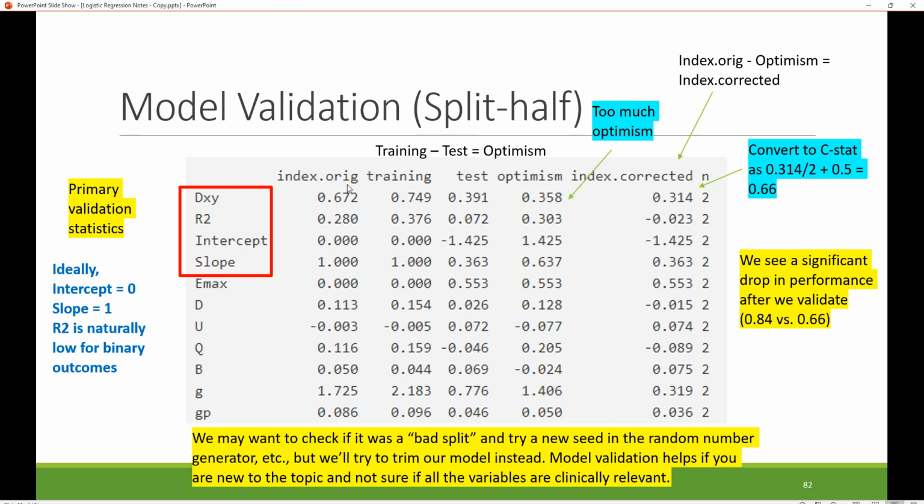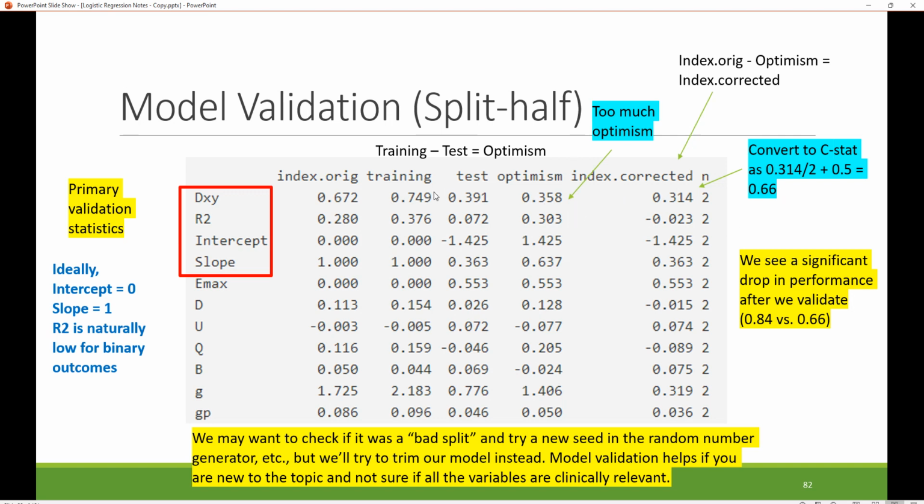So we see on the top, this comes from the RMS package. There are other ways to do model validation, but the idea is that in this method, you train the model and then you test it. In the RMS package, they have what's called the index corrected value, which indicates the optimism minus your original model.